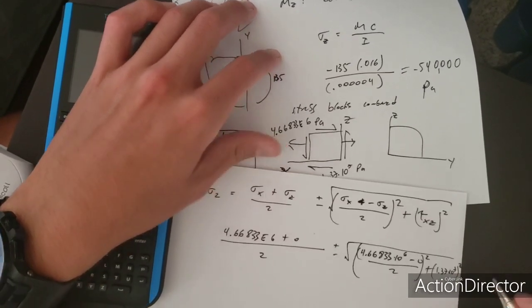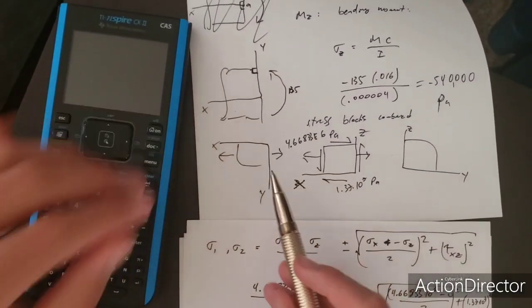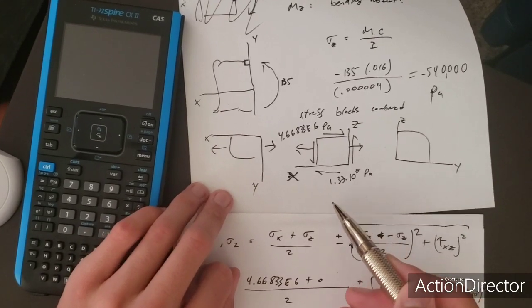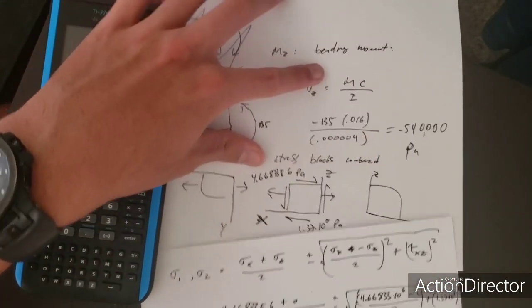Here it doesn't matter which one you pick. You pick the one with the largest magnitude, so it doesn't matter if it was a negative or a positive, because here is where you square it.